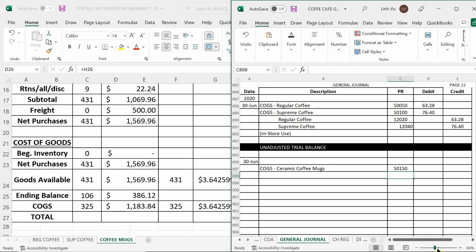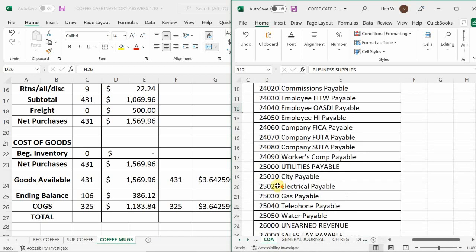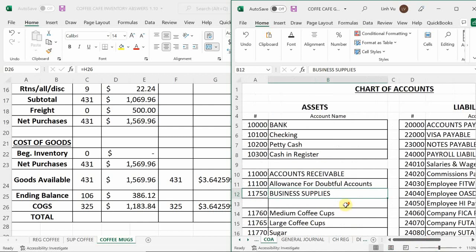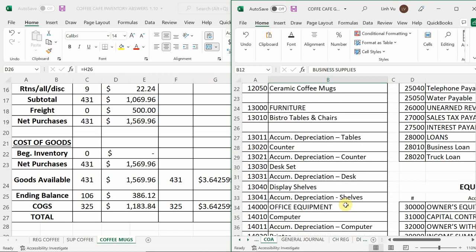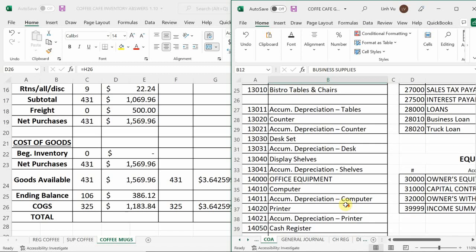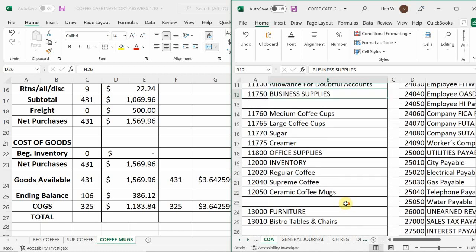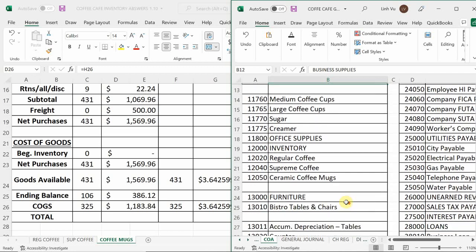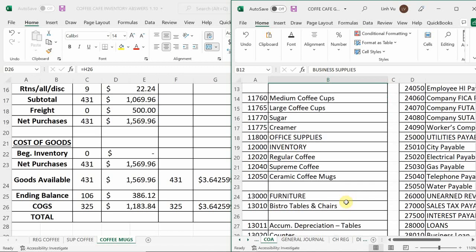What kind of inventory? So what kind of account is it? If it's inventory, right? What account would that be? The ceramic coffee mugs, right? So 1250.